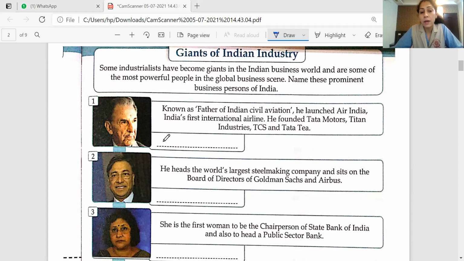They have come all the way from Iran. They are Parsis, and Parsis are basically based in Mumbai or Gujarat only. You will not find any Parsi in any other part of the country.